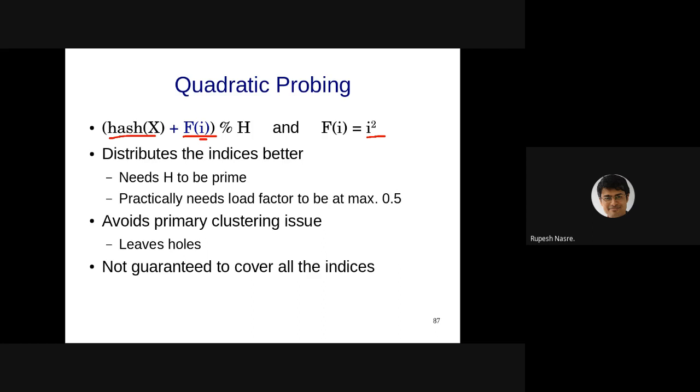But what I'm trying to say is that 1, 4 are going to probably come together and form the cluster. But as soon as that happens, after that, it's going to be a larger gap with 9 and then 16, much larger gap. So even if primary clustering is going to create a problem at one place, it is not going to repeat the problem at other places.